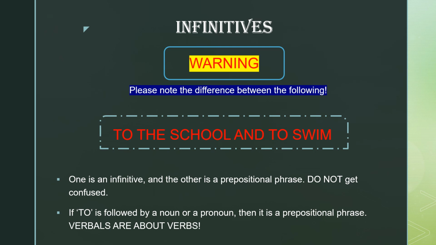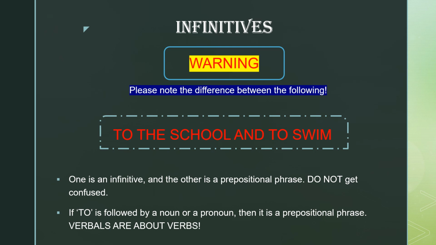It is not like that. It always has to be a verb and not any other part of speech. If you notice, in to the school, school is a place, it is a noun. So here, to is acting as a prepositional phrase. It is giving you the position of the noun. To swim, swim is a verb, therefore to swim is acting as an infinitive.